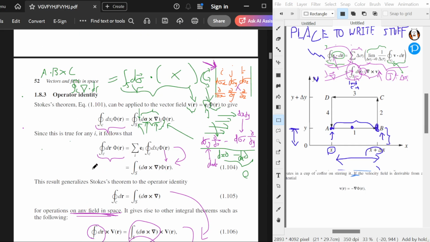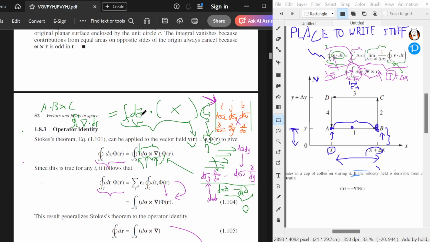Okay, let's try again. So we have this. What I expected this to be was this dot the curl of V. I expected it to be like this, but what they're telling me is they have the cross being like this, and there's no dot here.